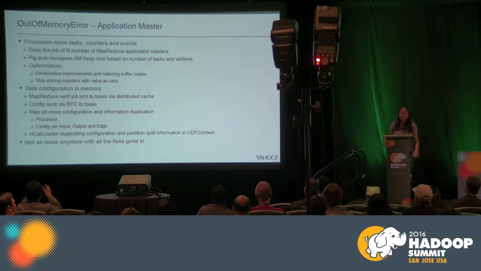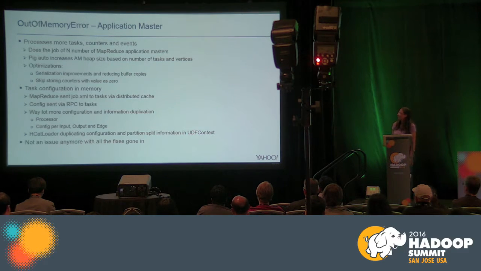But even with that, we hit a lot of out of memory errors, and we had to go back and fix them, doing more optimizations to scale the AM better. For example, skipping storing zero-value counters, because you have 100K tasks running in the AM, and counters were one of the memory-consuming things. Things like that helped us scale well.